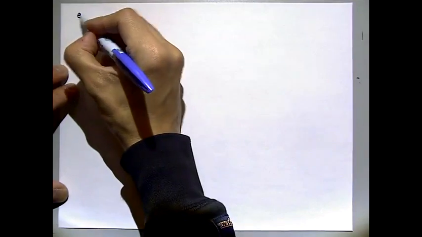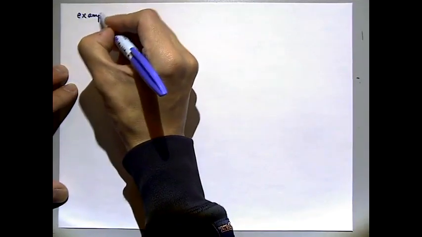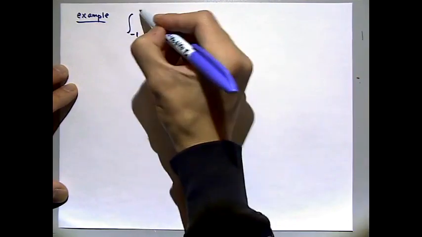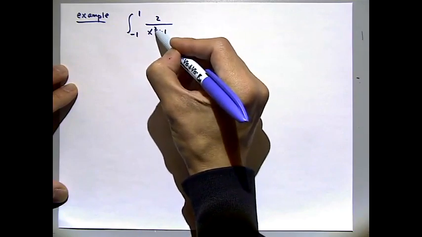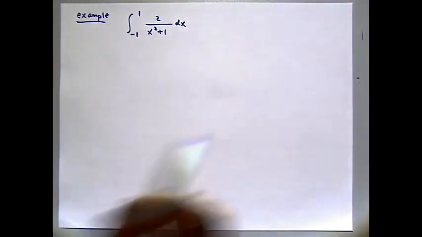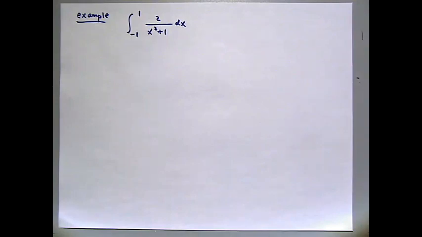Okay, let's do one more. Let's find the area accumulated between 2 over x squared plus 1 and the x-axis from minus 1 to 1.